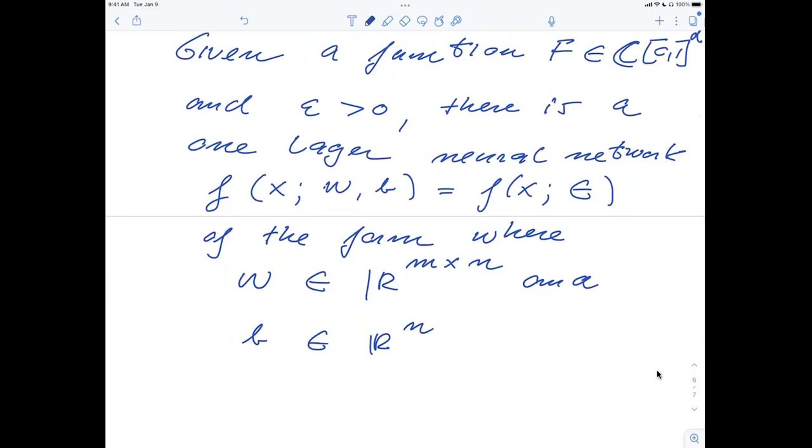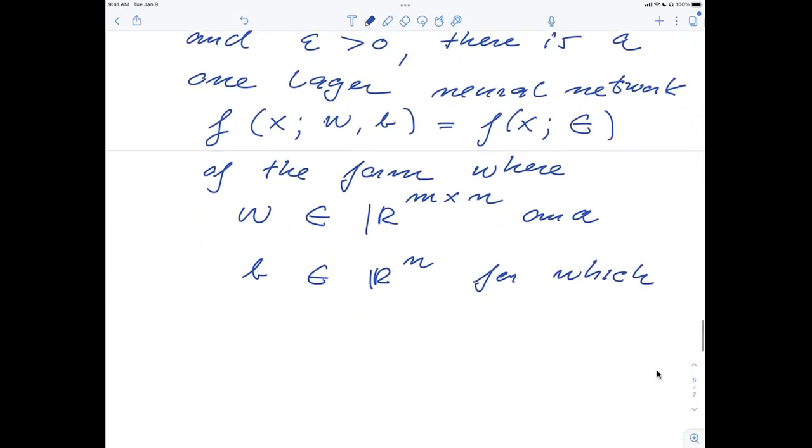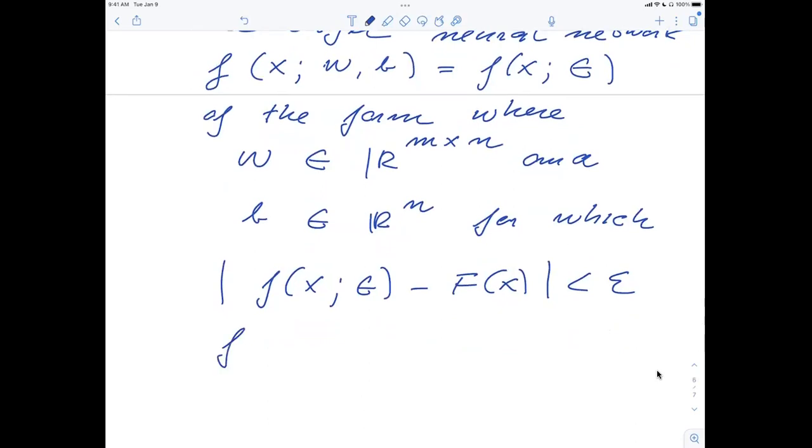Then for these quantities, what we will have is an approximation. So this neural network approximates this specific function, uppercase F, to a given precision epsilon for all x in the unit cube.